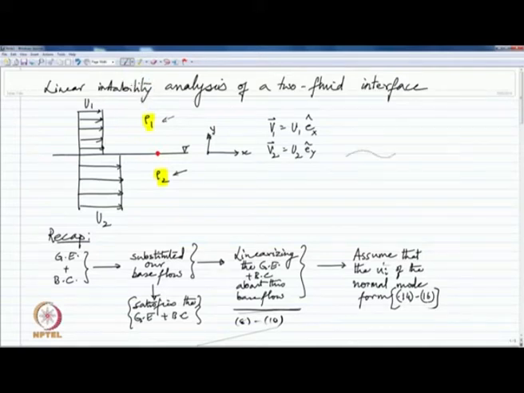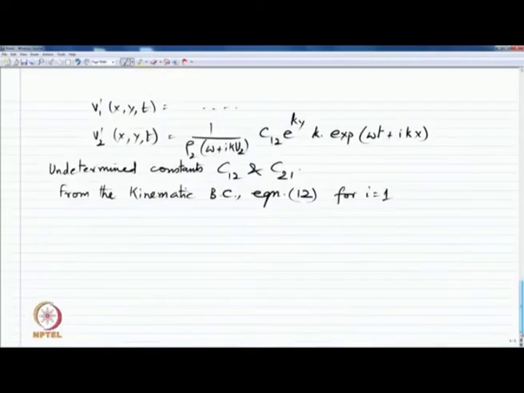So, if I have a meniscus kind of like that, and if this fluid particle is sitting here, whether the movement of the fluid is to the left or right or up or down, the fluid particle is not detached from the interface. That is pretty much the physical meaning of what we call our kinematic boundary condition.